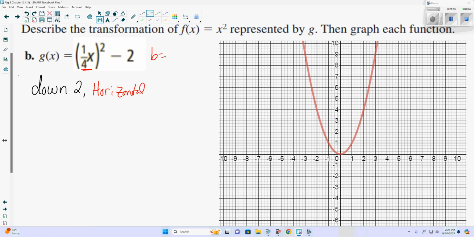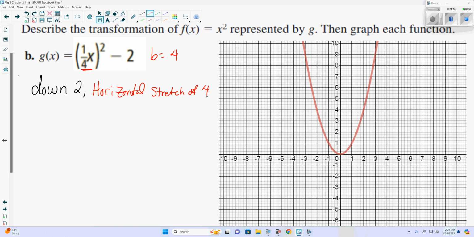It's going to be one of the two. But before we decide that, let's take that value and flip it. So it's going to go from 1/4 to 4. Is our 4 greater than 1 or between 0 and 1? Greater than 1, so it's a horizontal stretch of 4.